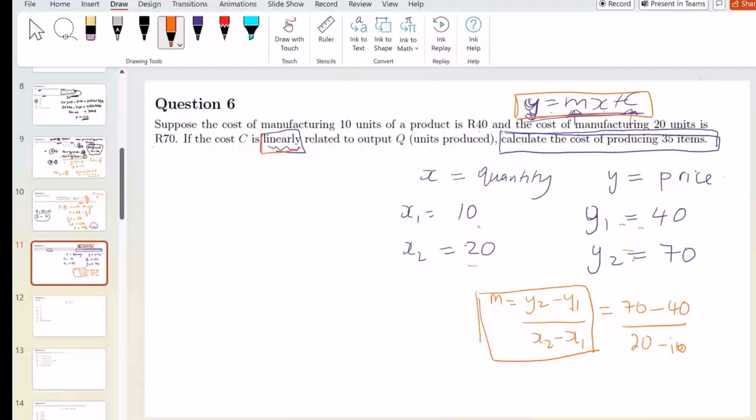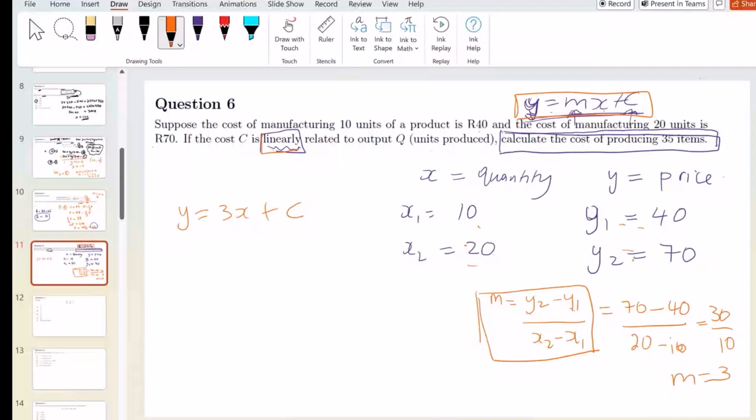I still need to get c, because I need a linear function. So for me to get c, I can use any combination. Let us get this combination. If I'm using that combination, my y is 40, which is equal to 3 times my x, which is 10, plus c.